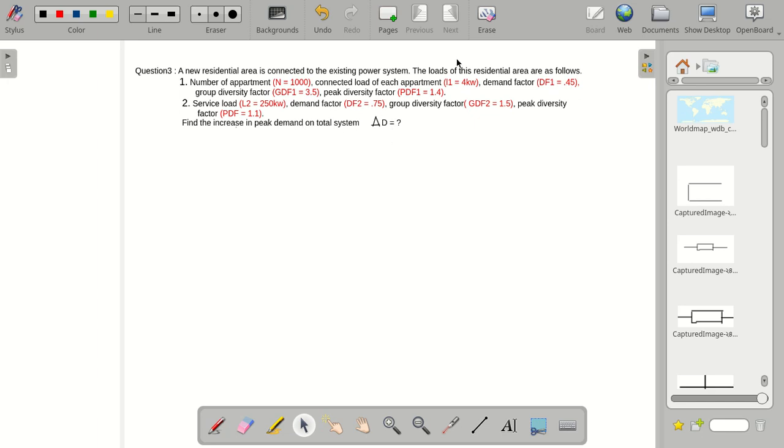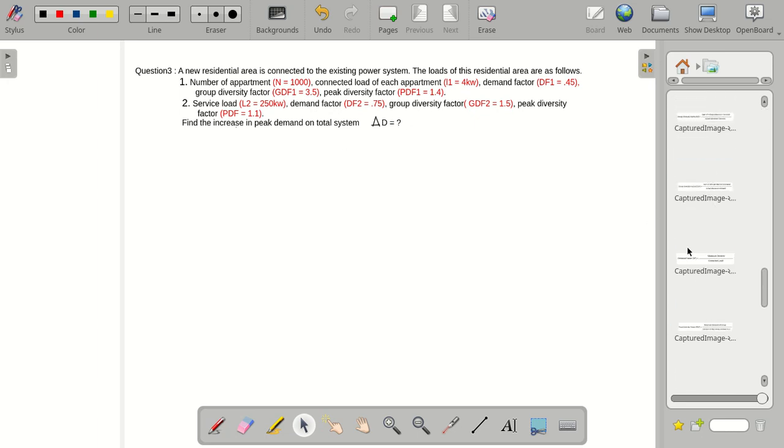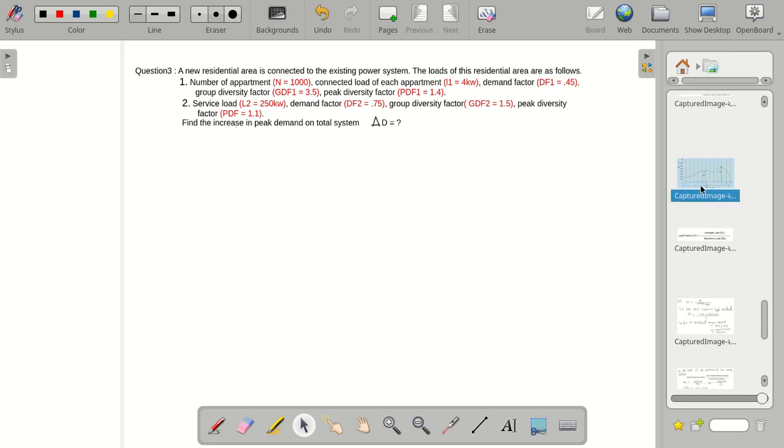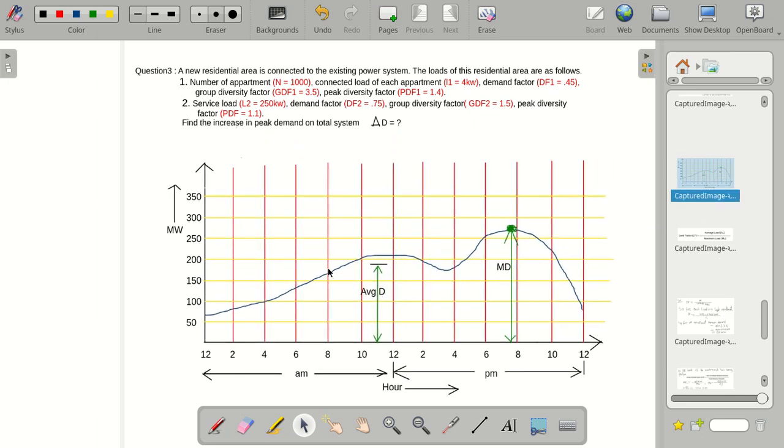To solve this problem, we have to know some terminologies, known as demand factor, peak diversity factor, and group diversity factor. So we first have to discuss these various terms. First I want to discuss this curve.